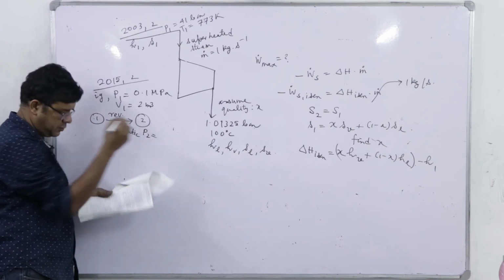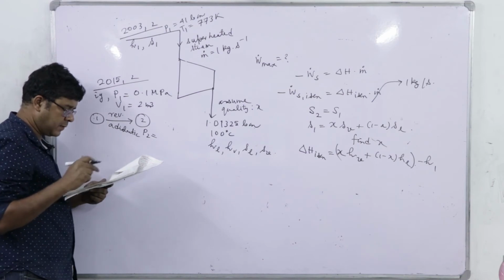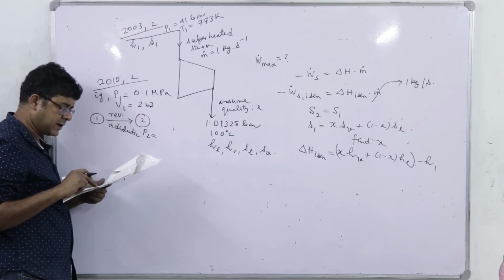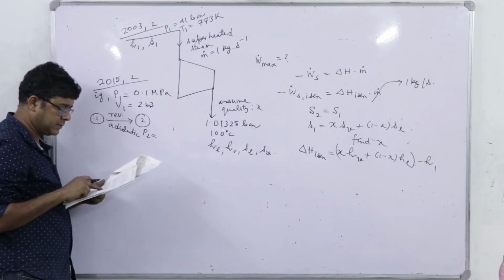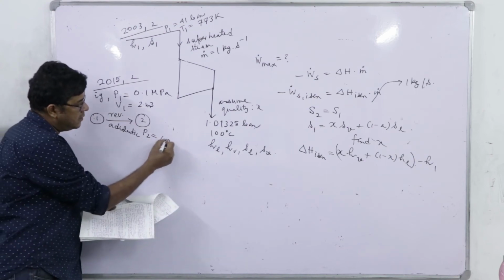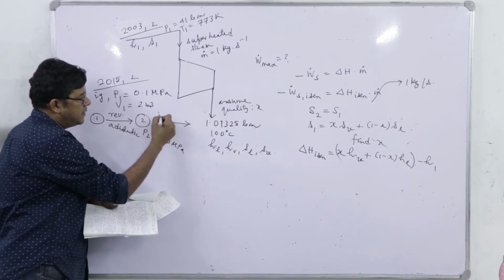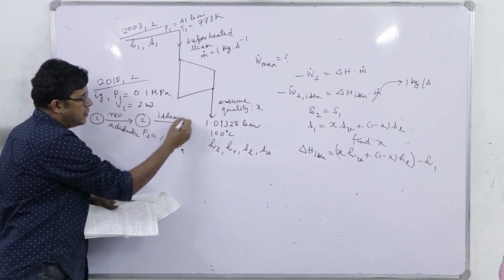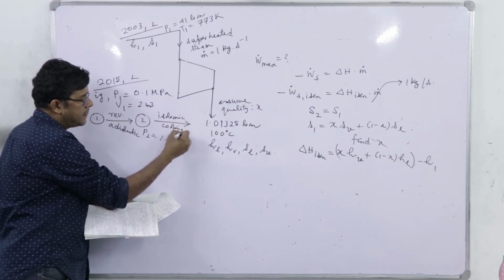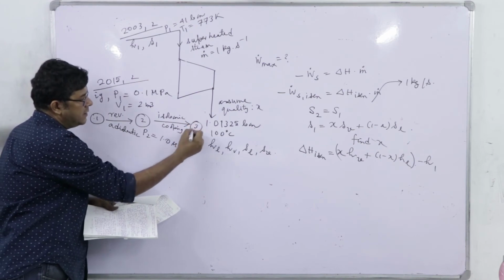And here P2. It is compressed by a reversible adiabatic process, and then cooled at constant pressure to a final volume. So, first compressed to 1 megapascal and then cooled at constant pressure, so isobaric cooling, to a final volume, final state 3.